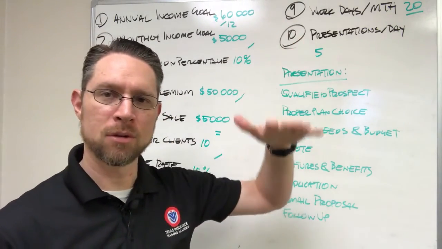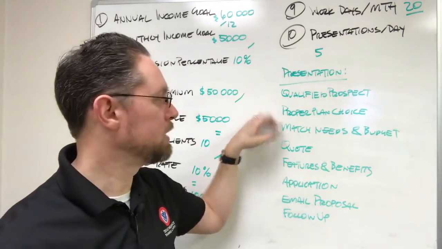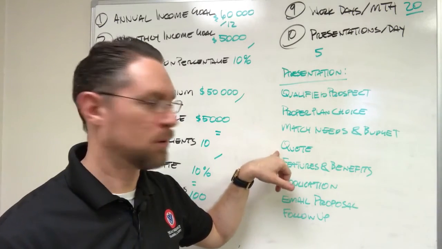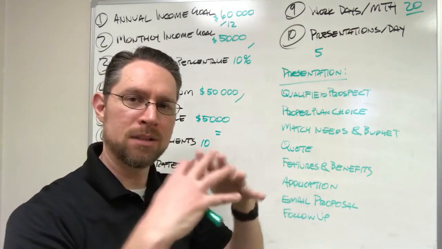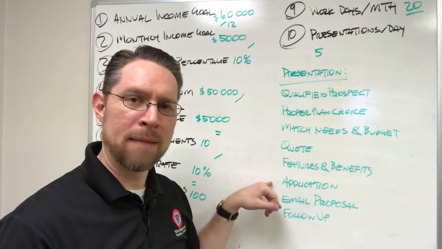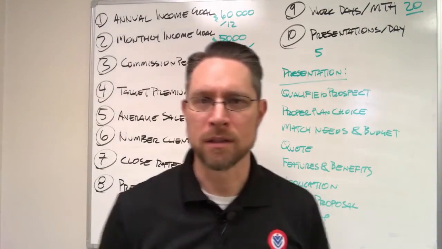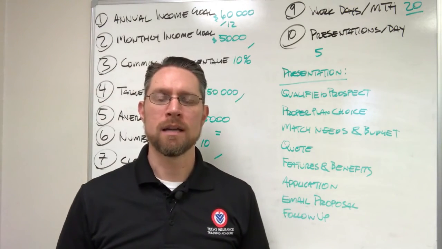You've gone through your questionnaire, your discovery page. You're presenting a proper plan choice, matching their needs and budget. You're giving them a quote on the price, presenting the features and benefits of that plan, and tying it into something that's important to them. And that's either going to end in an application or an email proposal, and you're going to follow up accordingly. So that's how we properly set our income goals.